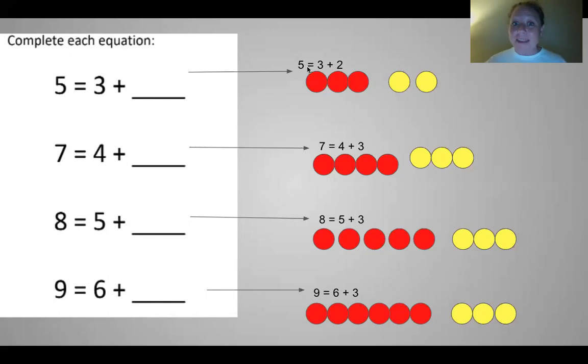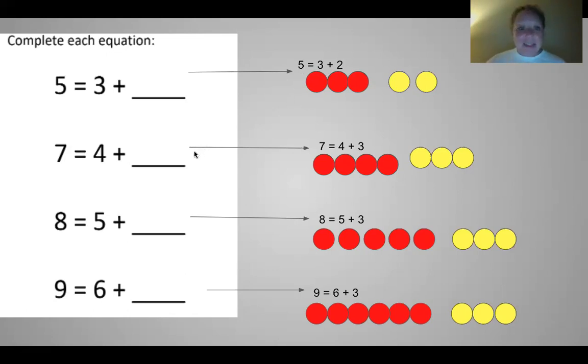So watch my thinking. 1, 2, 3, and I'm going to count on until I get to 5. 4, 5. How many more counters did I have to add? That's right. I added 2 counters because 5 equals 3 plus 2. Please say the equation with me. 5 equals 3 plus 2.